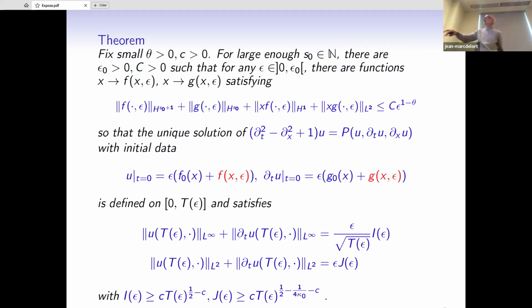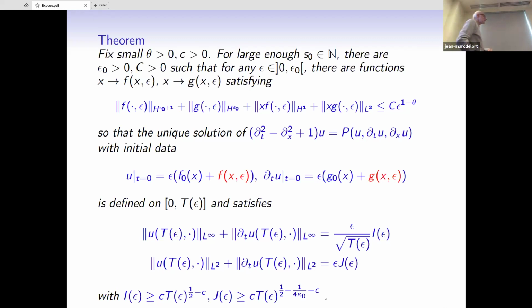And if you were removing the perturbations, the solution will not be global either. Well, no. So you can also take the red part to be 0. No, because, as I shall explain later, I'm not able to construct a true solution of the equation, which has the properties that I shall state, starting from f0, g0.